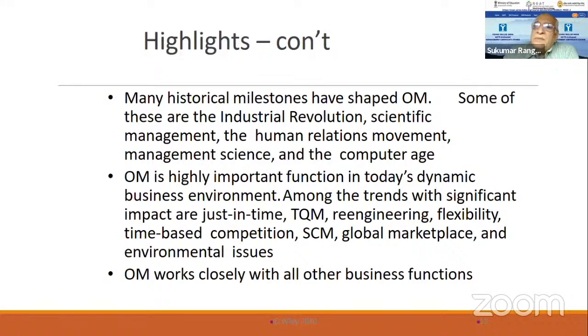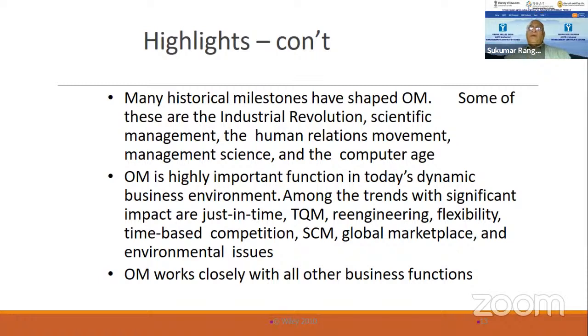Operations management has gone through many stages, from, let's say, the early 1900s to what we see today. Starting from the Industrial Revolution to scientific management, which you might have studied earlier in Basic 101, the human relations movement and the management science approach, and today everything being computerized, the IT revolution.